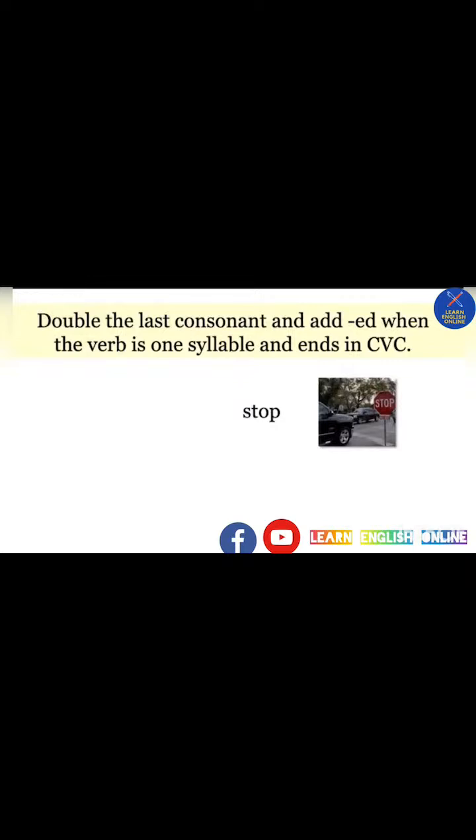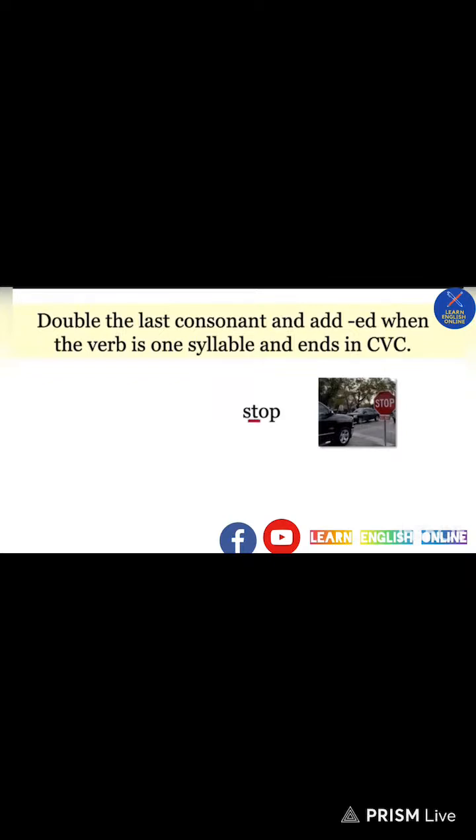Double the last consonant and add ed when the verb is one syllable and ends in CVC. That's consonant, vowel, consonant. This looks complicated, but it's not that complicated. So look at the word stop. It has one syllable. That means it's short. It just has one beat. Stop.